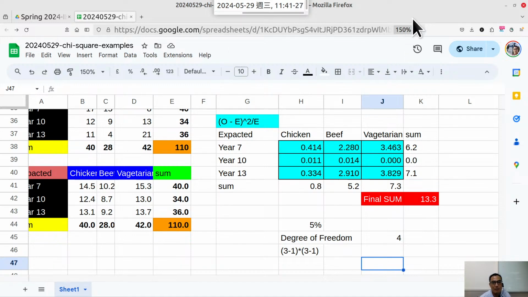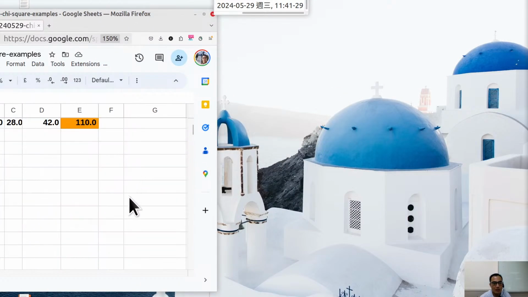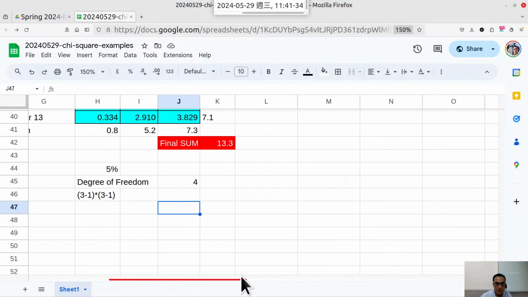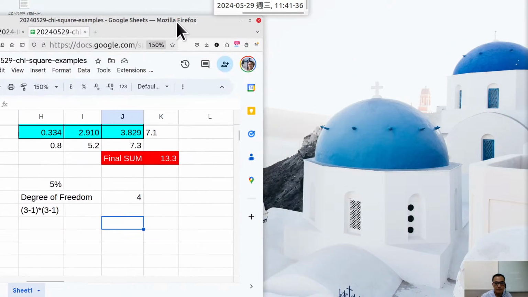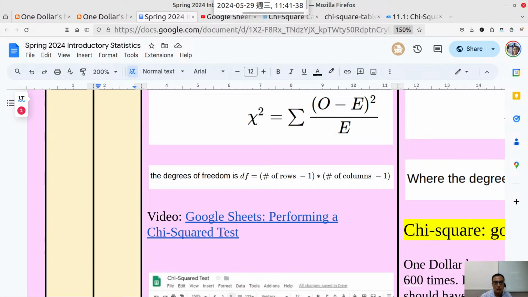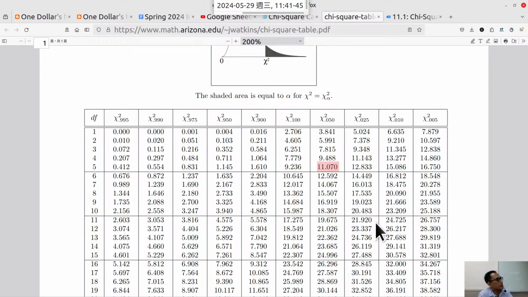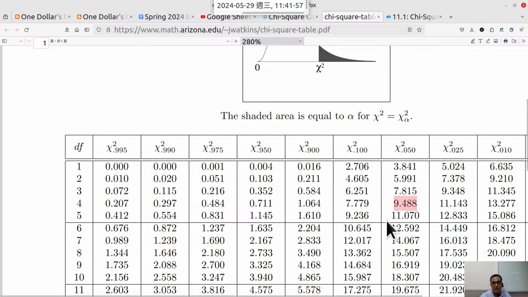Let's check the table. Okay, now we set the significance level at 5% is here, and the degrees of freedom is 4. So we get the chi-square value 9.488.